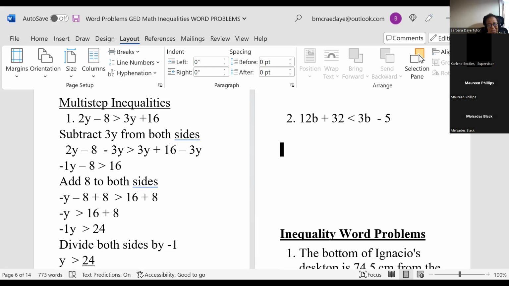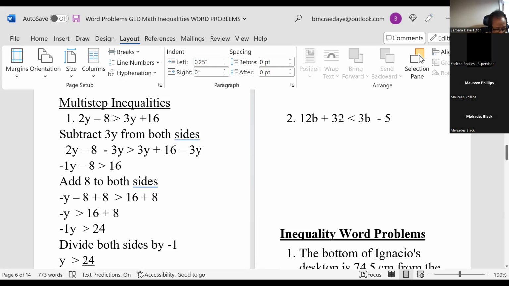Let's see. Well, one is like 4B. No. 9B. Right? Okay. So we put 9B plus 32.